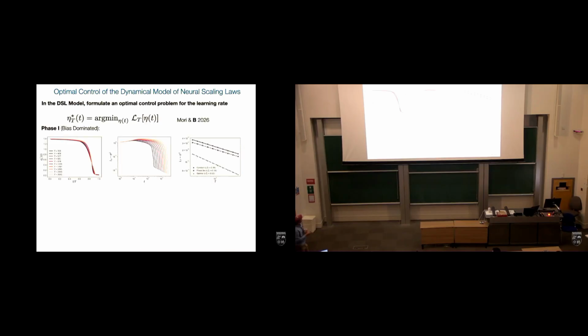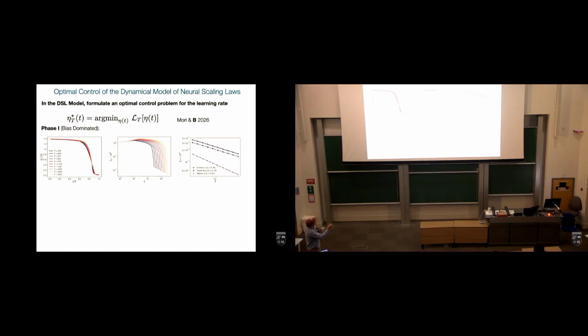So let's show some simulation. Here I'm taking my equations of motion and doing a numerical optimization over all the etas. This is the optimal shape of eta for different capital T's. The scaling law you're interested in is the loss at the end, at capital T, as a function of capital T. You can see that if you do the optimal schedule, you get a better scaling law than with constant learning rate.